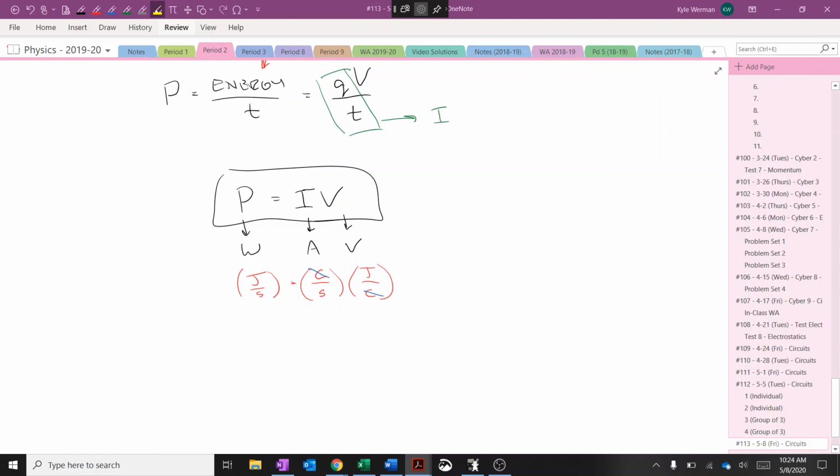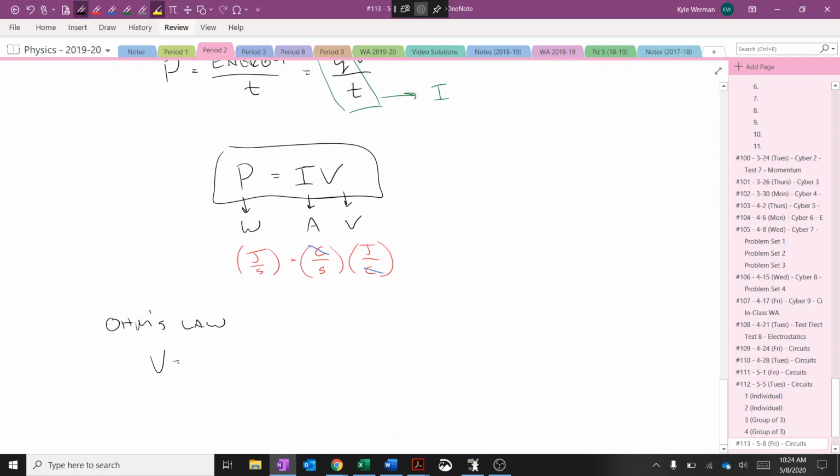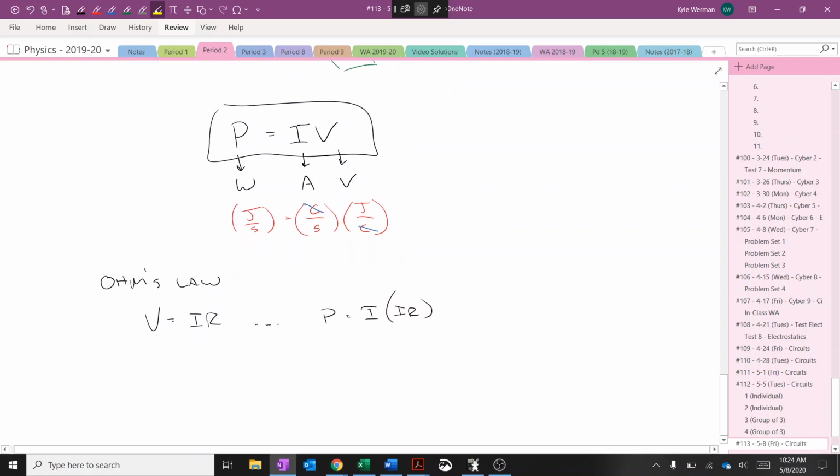And if I combine that idea with Ohm's law, since V equals IR, you actually have a couple variations of the same equation using some substitution. Power would equal I times IR, right? P equals IV if V equals IR.